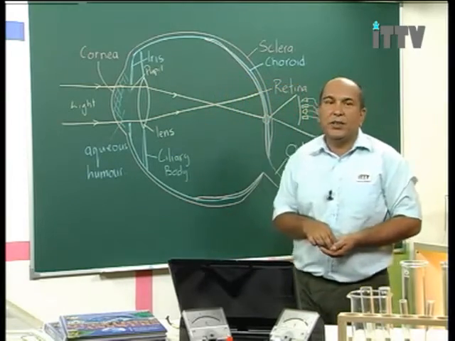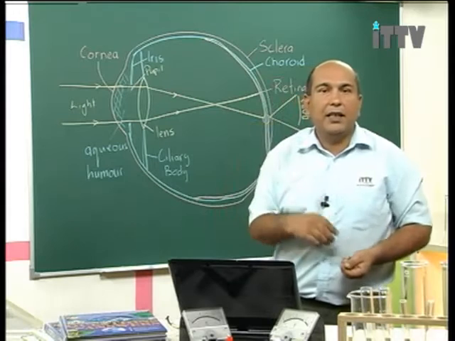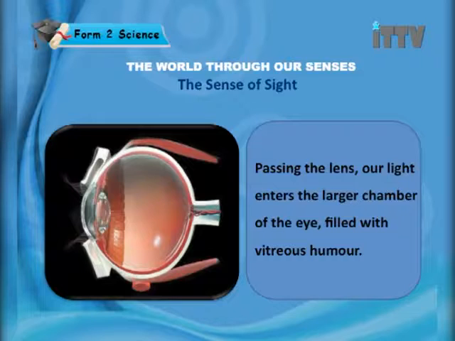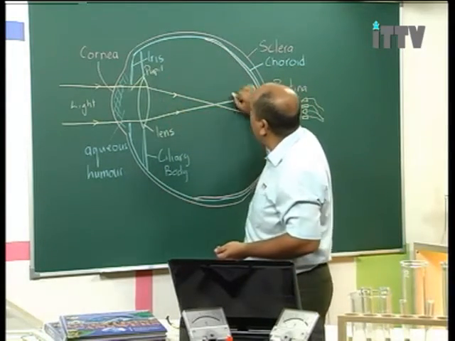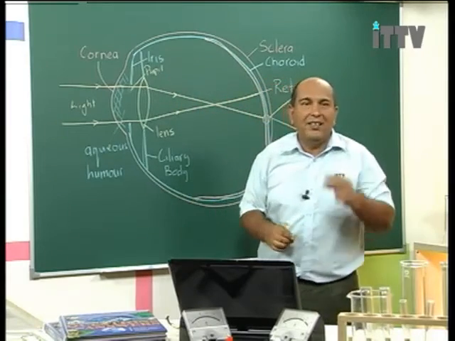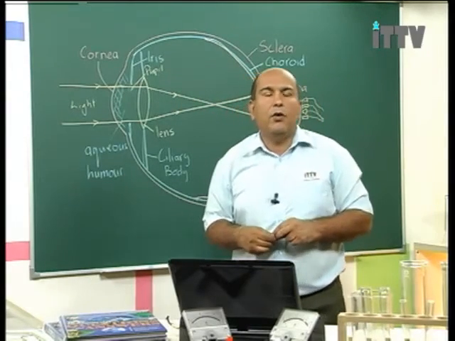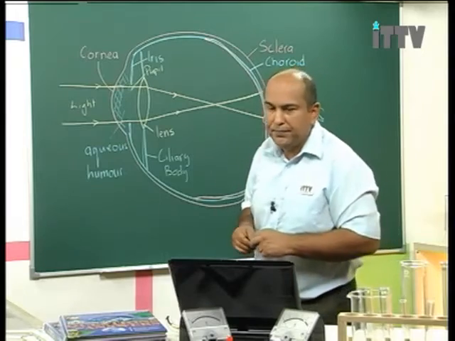And this is the focusing process that's already begun as the light travels through the lens. Passing the lens, our light enters the larger chamber of the eye, filled with the vitreous humor. So over here, in this area here, this is the larger chamber of the eye. We have a liquid, a bit like jelly here, called the vitreous humor.